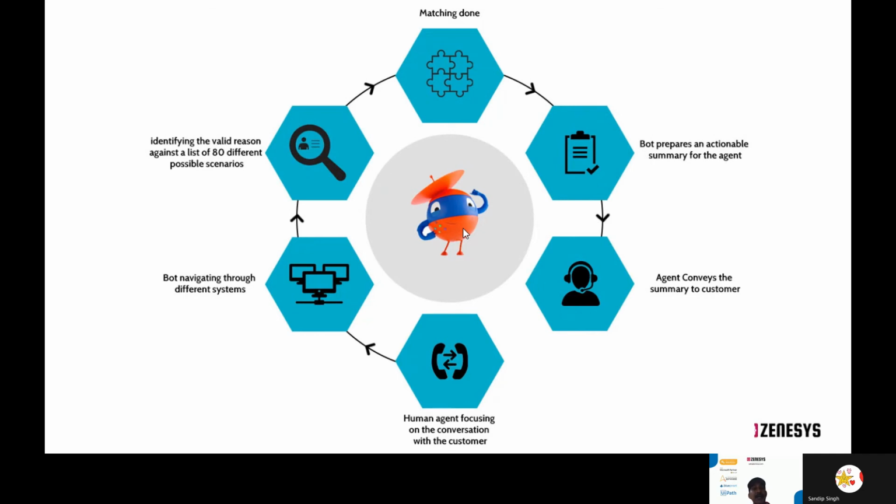And while the customer is on the phone and interactively talking to the phone banking officer, the bot can go grab information from all the different systems, perform a match, prepare an actionable summary, and present it to the phone banking officer.